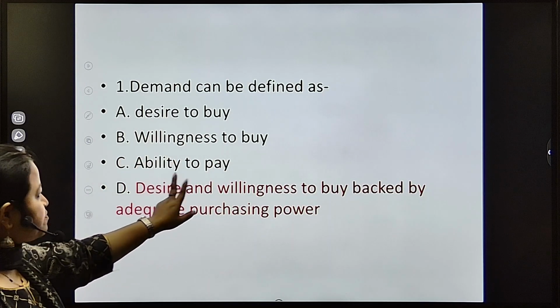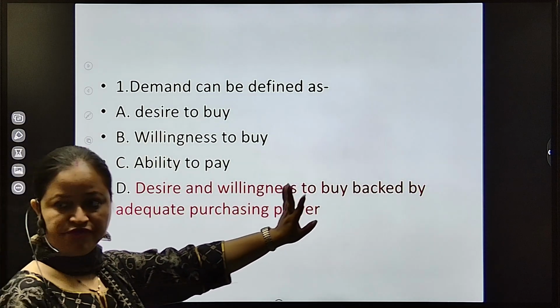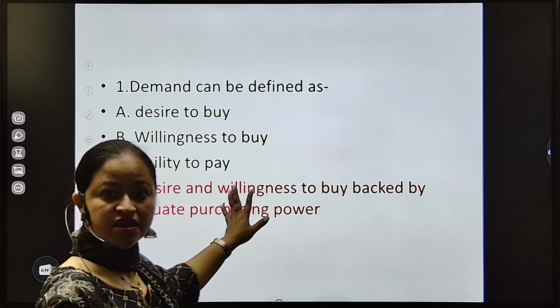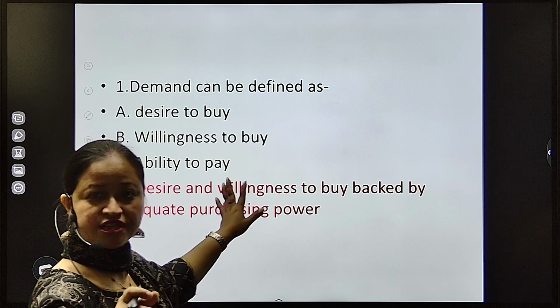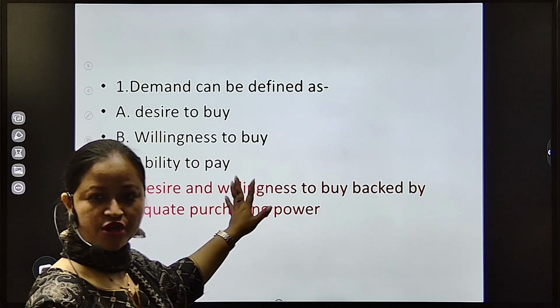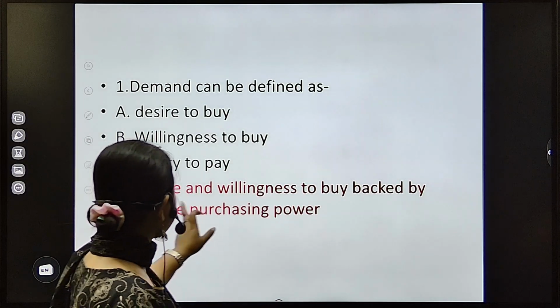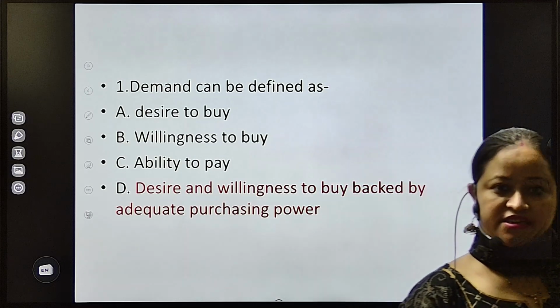And purchasing power or ability to pay is also demand. But demand can be defined as desire and willingness to buy backed by adequate purchasing power. So that is all about your demand.